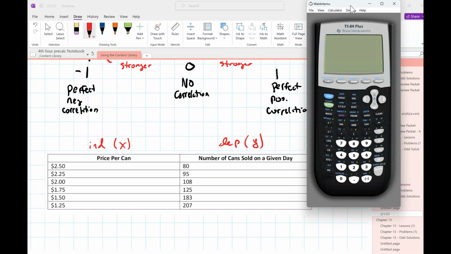Everybody's cool? Okay. To do either one of these, the first thing I need to do is to type this data set into my calculator. So if you have a calculator with you, I invite you to follow along. If you want to follow along and you've forgotten your calculator, I have a couple here at my desk. You're welcome to grab one and follow along.